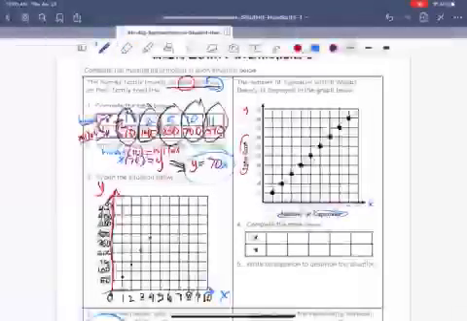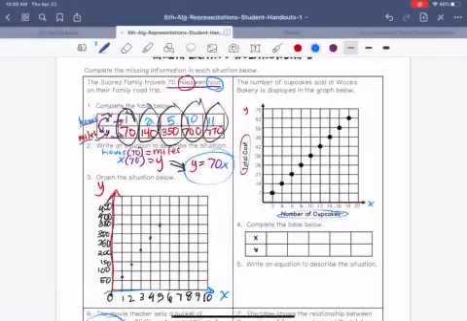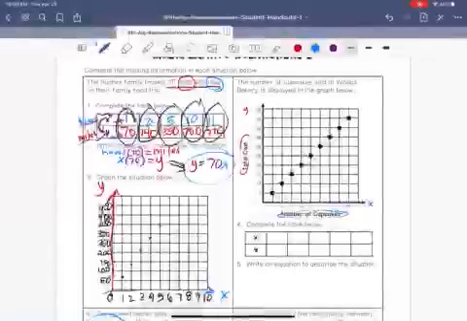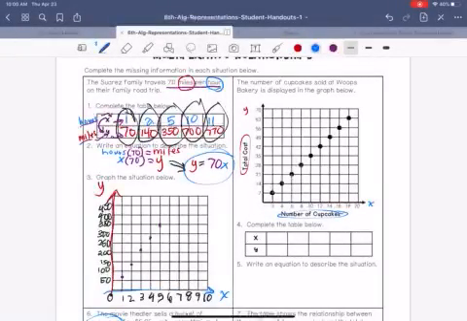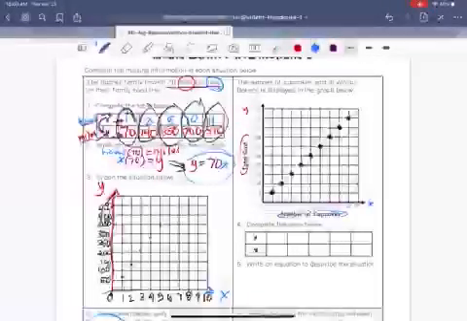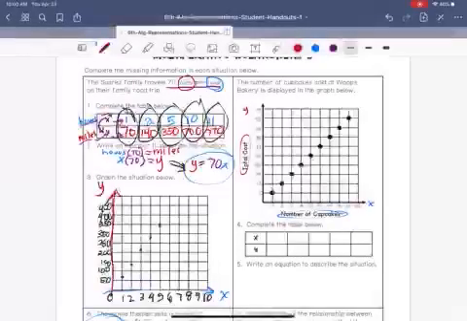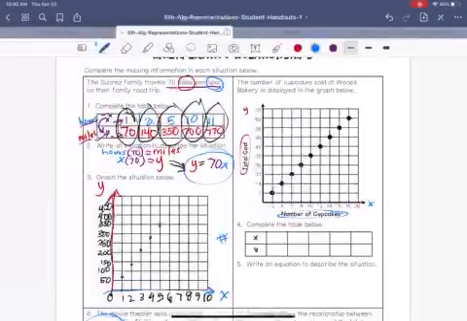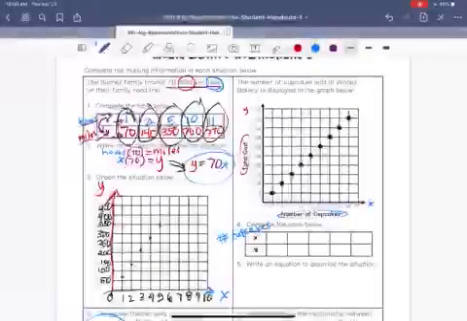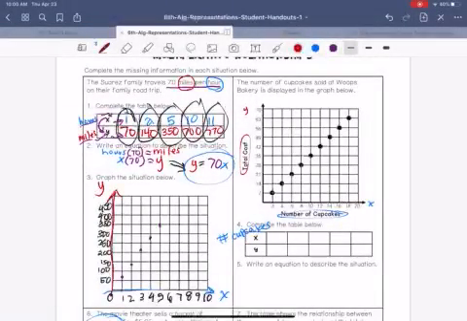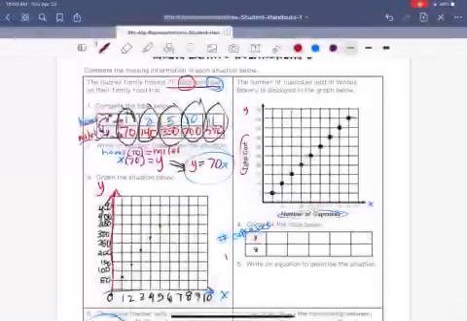All we need to do is look at these ordered pairs that are on our graph and pull our x and y values from them. So once again, we said that number of cupcakes was on our x-axis, so that's our x variable, our independent variable. And then our dependent variable, represented by values on our y-axis, was total cost.